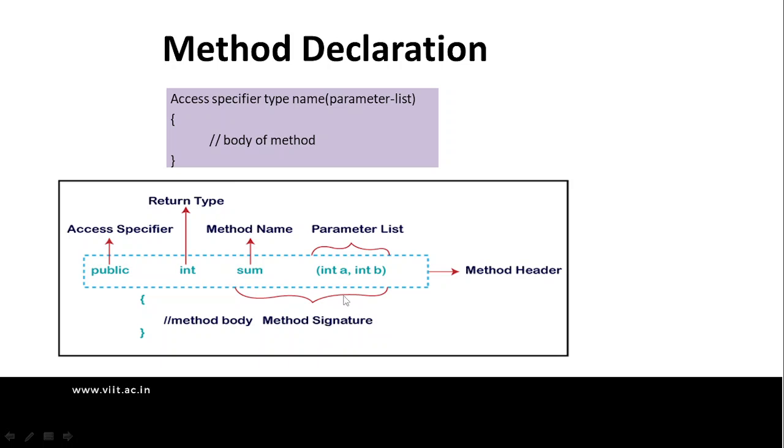This is the method signature, this is the method header, this is the parameter list, this is the method name, this is the return type, this is the access specifier.